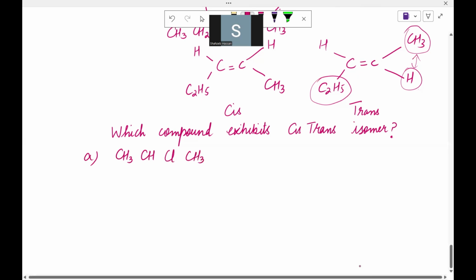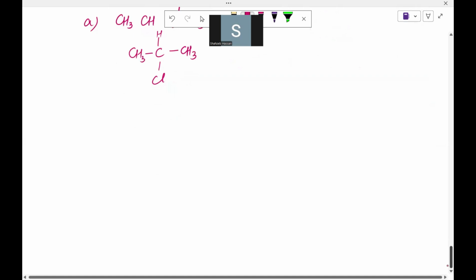And let's draw their structures as well. This is to be drawn as CH3, this is Cl here, and this is H here, and this is CH3. Do you think this is a cis-trans isomer? No, because there is no double bond. Simple as that.